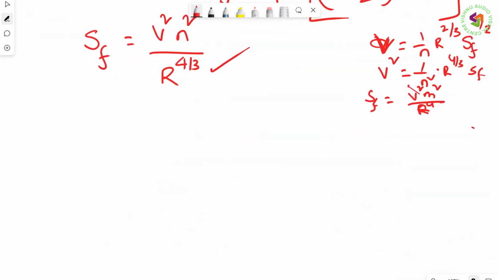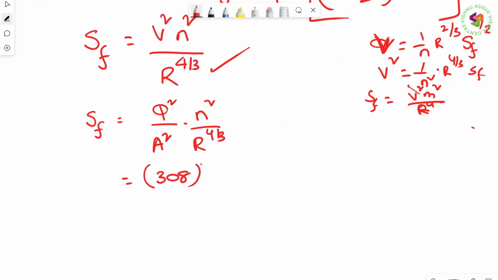Now this is right. So now SF is equal to, instead of V square, Q square by A square into N square by R to the power of 4 by 3. Q square is known, Q is 308 whole square, N is known, 0.035 whole square.